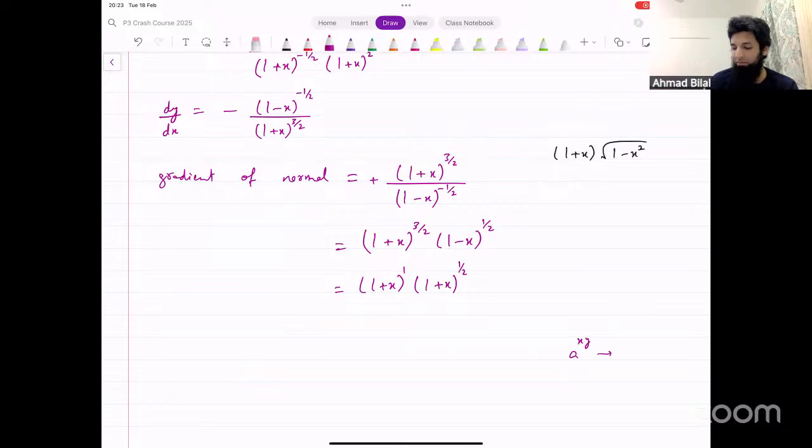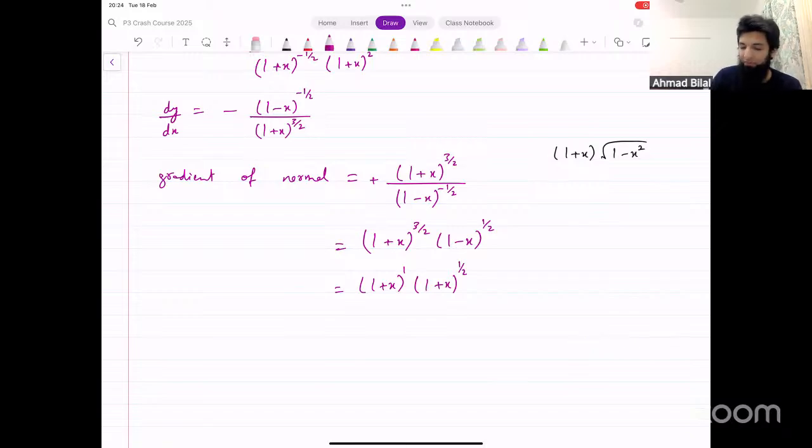If you have a raised to power x plus y, we can write that as a raised to power x times a raised to power y. That's what I'm doing here. The power is 3 over 2. I'm breaking that down into two parts. I'm saying that's 1 plus 1 over 2. And then we have (1 plus x) power 1 times (1 plus x) power 1 over 2. So I've split that into two parts like this.